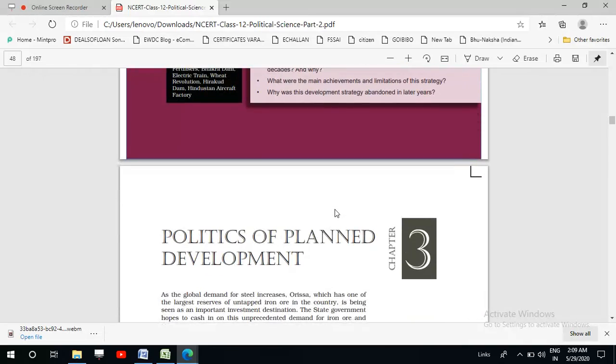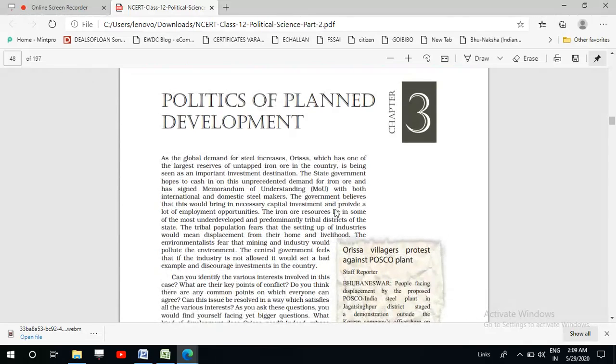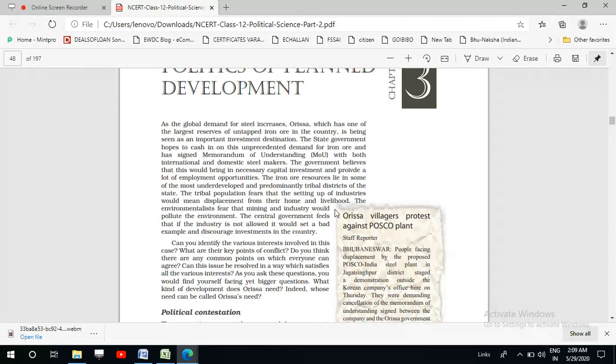So now, first of all, we will try to understand the meaning of development, because development is not something which is the same for all people. The idea of development is different for different people.